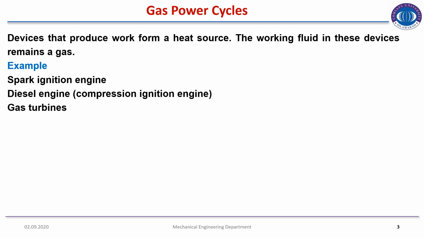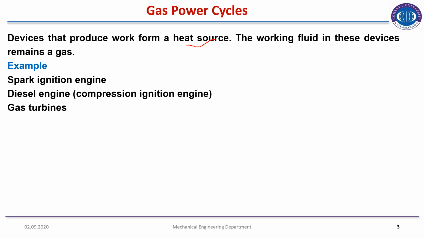So there is a certain amount of heat source. It may be a high temperature reservoir and it may be a fuel combustion source. We will produce mechanical work with the help of the heat source.